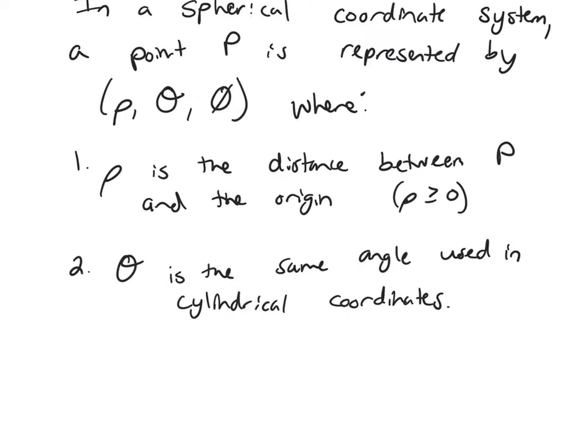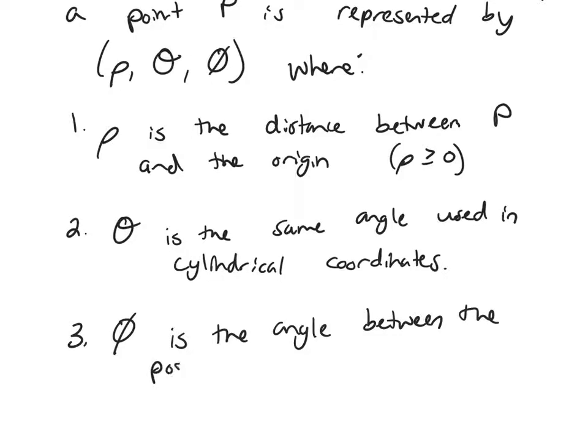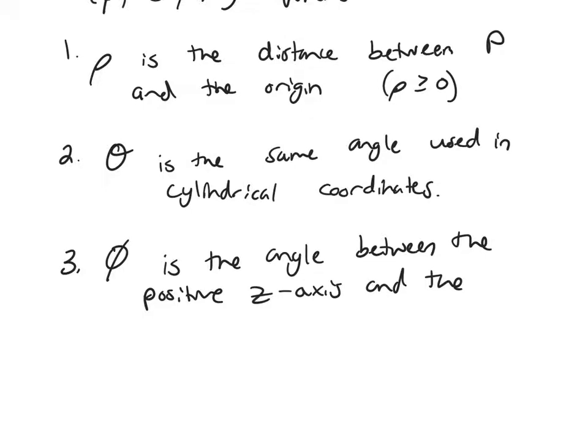And then this other coordinate, phi, is also an angle. It's the angle between the positive z-axis and the line segment OP, where O is the origin.